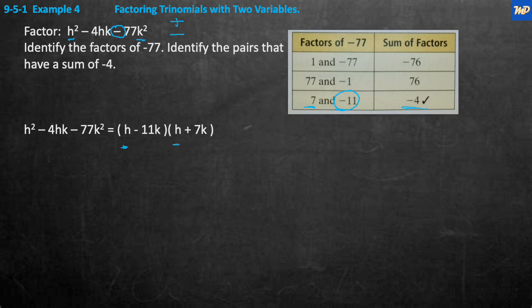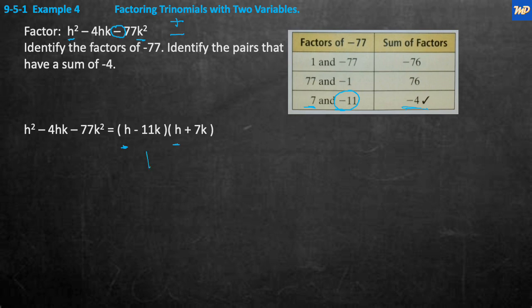So when we do this, we're going to have an h times an h to give us an h squared. Oh, I guess I should have done the last. So we're going to have h times 7k. We're going to have a 7hk. Right? There's the k, and then there's the h here.